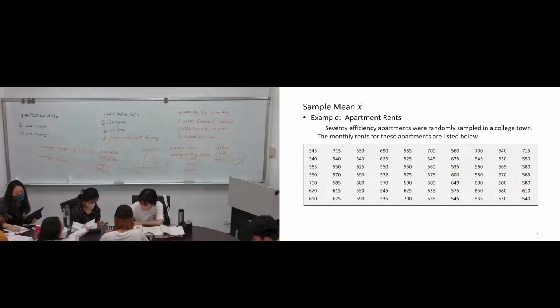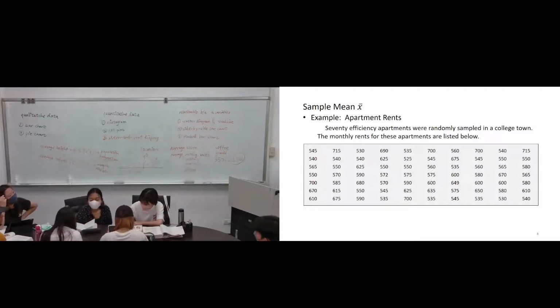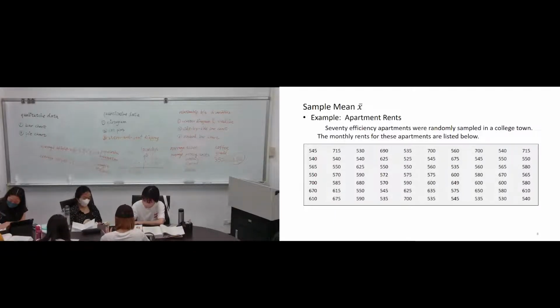Let's see this example. Apartment rents. 70 efficiency apartments were randomly sampled in a college town, and we have 70 monthly rents for these efficiency apartments. So that's the original data values.